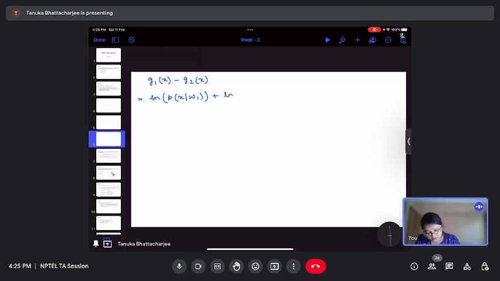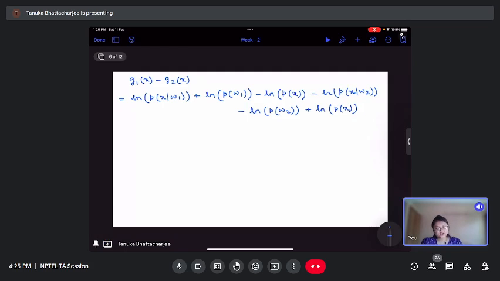So g1(x) is ln of probability of x given omega 1 plus ln of probability of class omega 1 minus ln of probability of x, minus g2(x), which is ln of probability of x given omega 2 plus ln of prior probability of omega 2 minus ln of p of x.